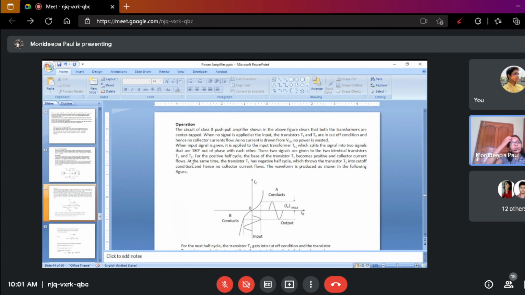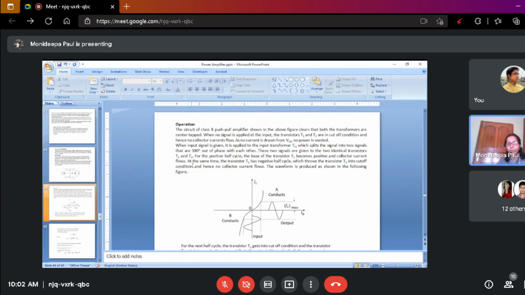That means during the positive half cycle, the input circuit, that is the base-emitter circuit of transistor T2, is reverse biased. So it is in the cut-off region. Hence we can't get any collector current from the transistor T2 during the positive half cycle of the AC input voltage.